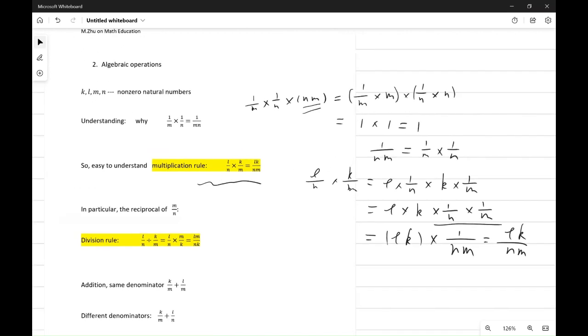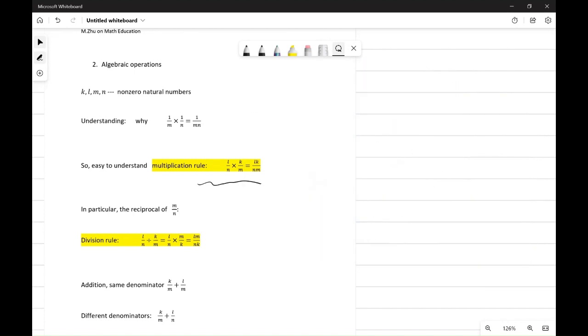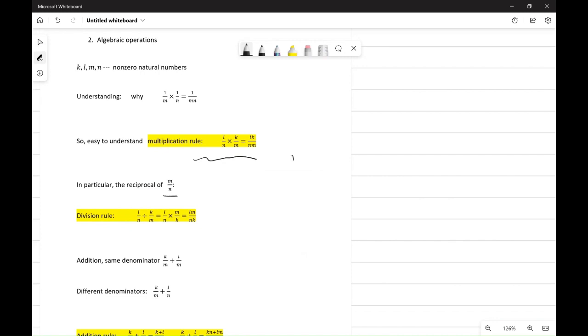Using this general multiplication rule, it is relatively easy to calculate the reciprocal of a fraction m over n. If you look at the reciprocal of m over n, you can check pretty easily that m over n multiplied by n over m is exactly equal to m times n over n times m, which equals 1.